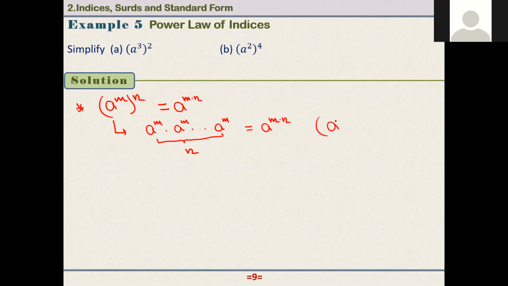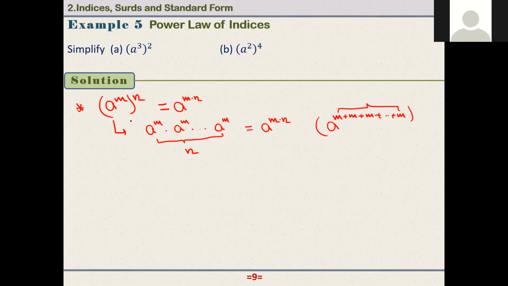Actually, we have a to the power m plus m plus m dot dot dot plus m. And how many m's do we have here? Since we have n terms, we need n m's. Again, by the definition of addition, here we have m times n, so that's equal to n times m.